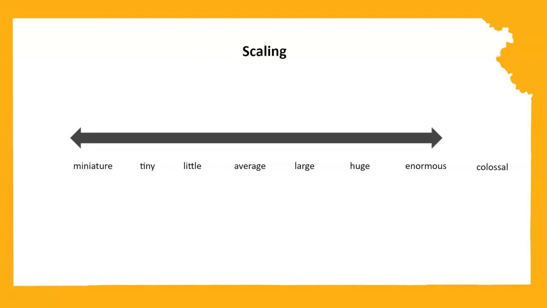Scaling is another technique for helping students refine their knowledge of word meanings. The teacher will select a pair of words that are antonyms, or basically opposites, and places them on opposite ends of the continuum. And then students brainstorm their own words to add to the continuum. And it can be anywhere between these two words or even outside of the two words.